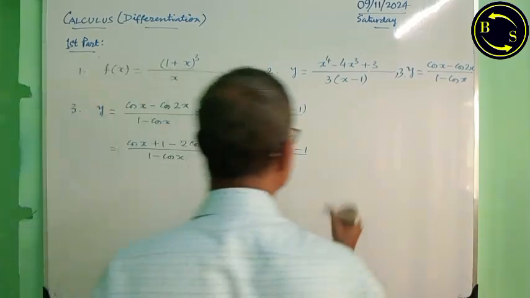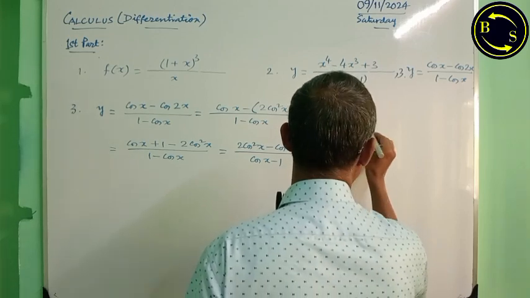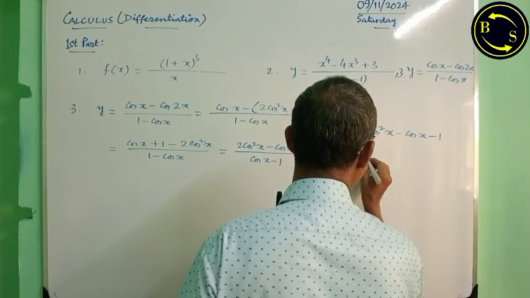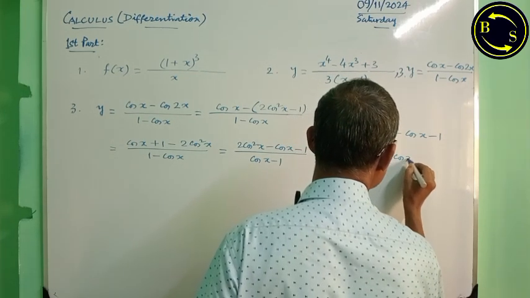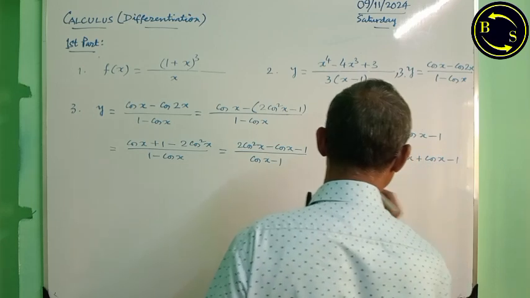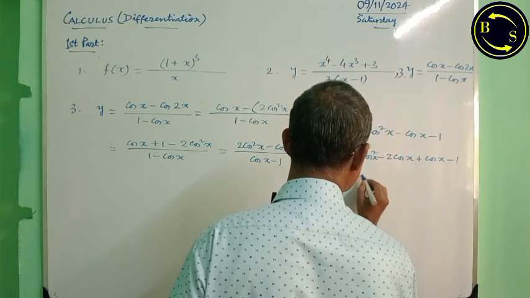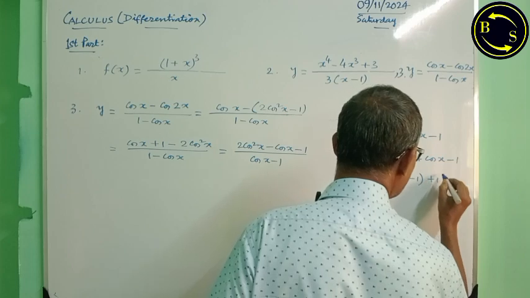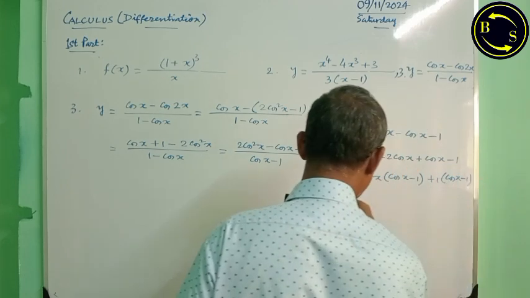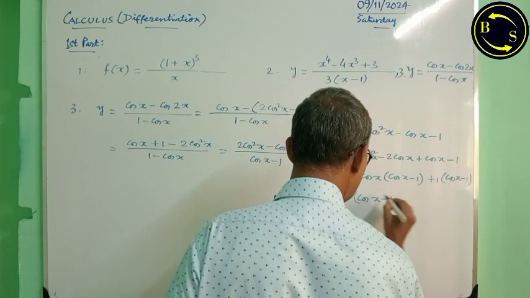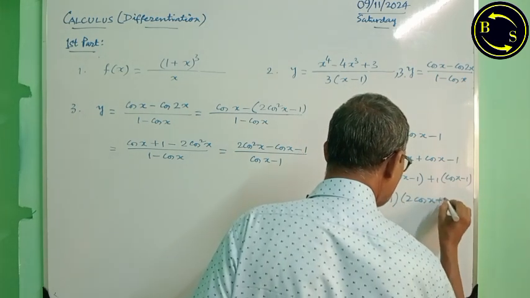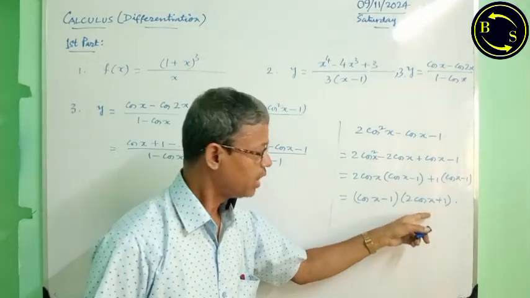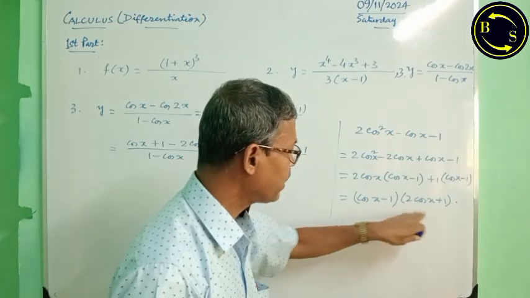I show that on the right side. 2 cos square x minus cos x minus 1, 2 cos square x minus 2 cos x plus cos x minus 1, 2 cos x is common factor, cos x minus 1. 2 cos square x minus cos x minus 1 can be written as the product of these two factors.